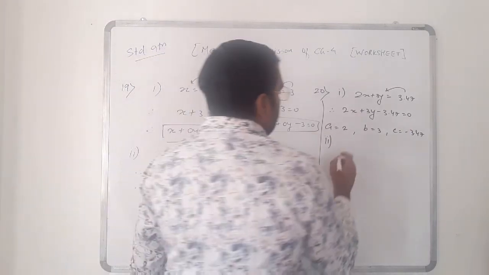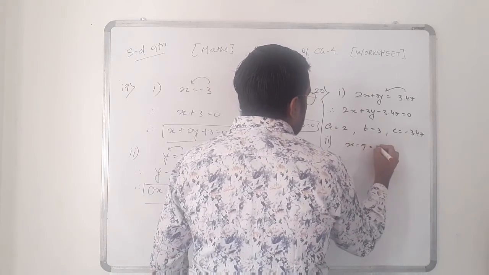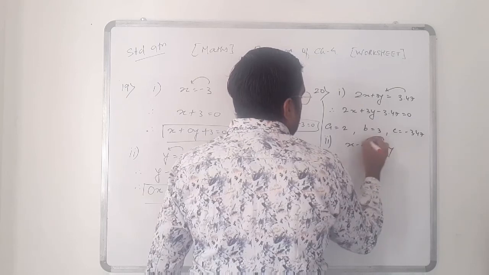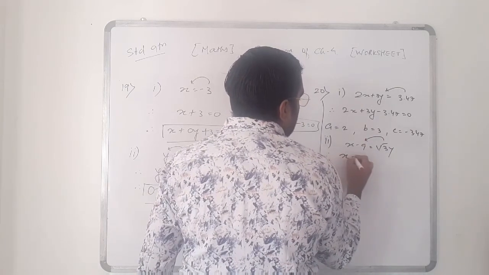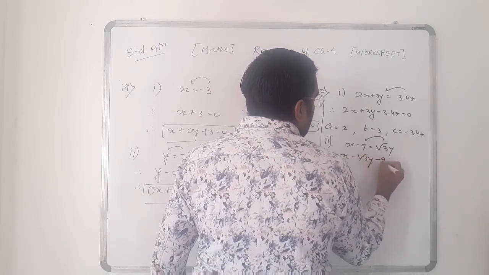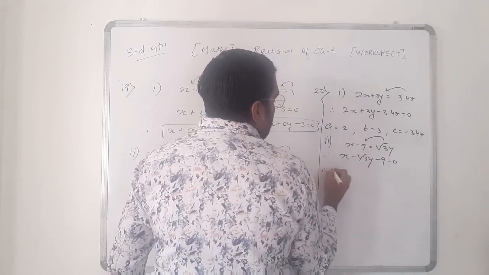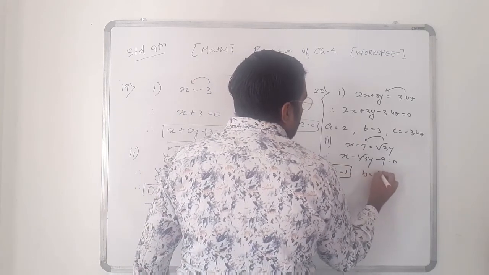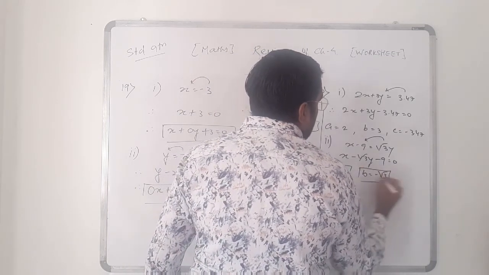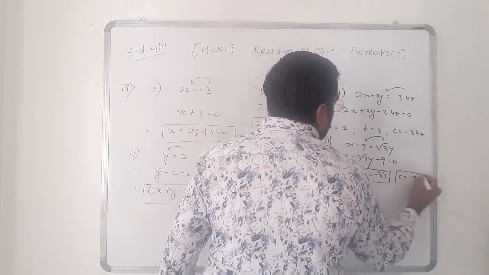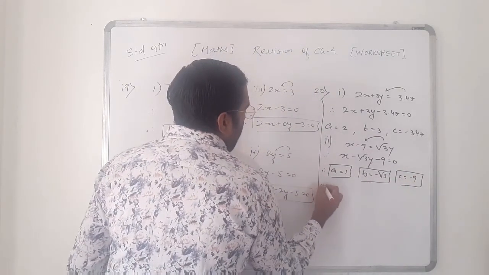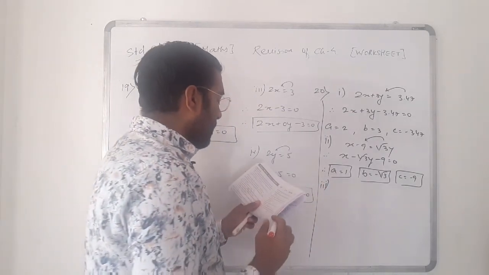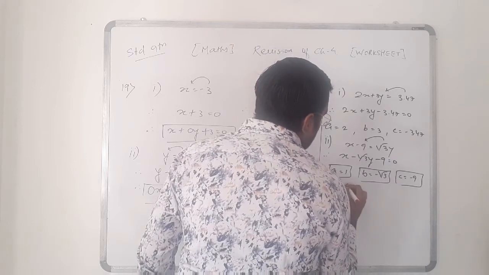Second one, x minus 9 is equal to root 3 y. Root 3 y shifted to the other side, so x minus root 3 y minus 9 equal to 0. So here a equal to 1, b equal to minus root 3, and c is equal to minus 9. Okay? Third one, 4 equal to 5x minus 8y.